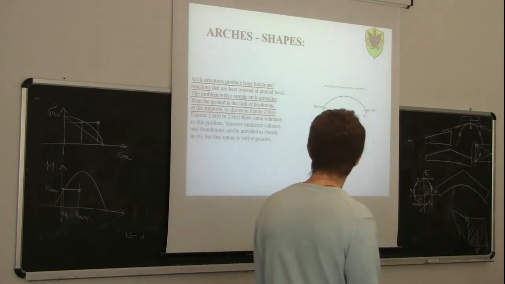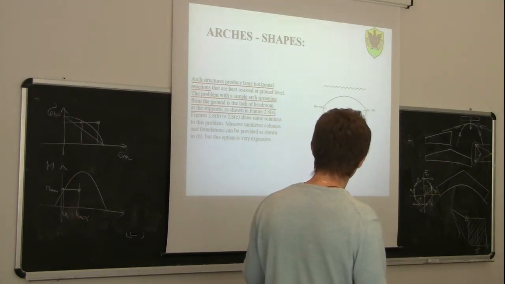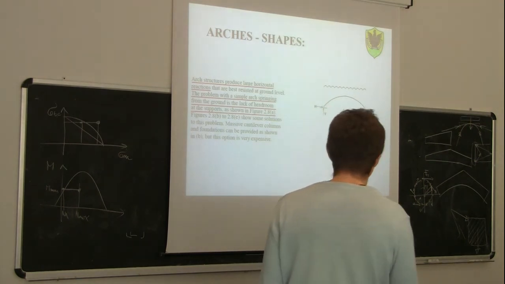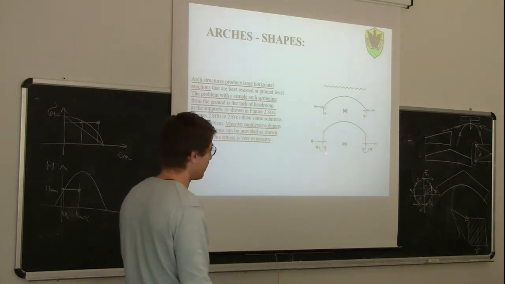Another problem is that this simple arch here has an architectural problem, because as we said before, the height is very low. So, of course, from the architectural point of view, this solution is much better, because then we can get some headroom here.